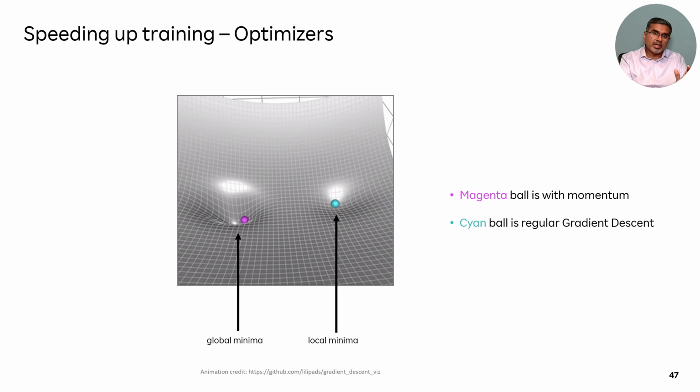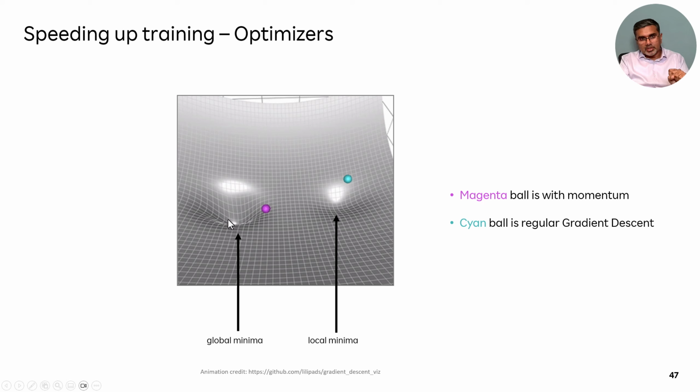And one of the reasons for that is very well illustrated in this picture itself. Look at this magenta ball. As it goes from the local minima to the global minima, it does not settle down there. It oscillates around that global minima, because again, it would have caught momentum here too, so it has to go up. But that momentum should not be big enough that it will keep on going up. It will come down. When it comes down, again, it is catching some momentum, so it has to go up.